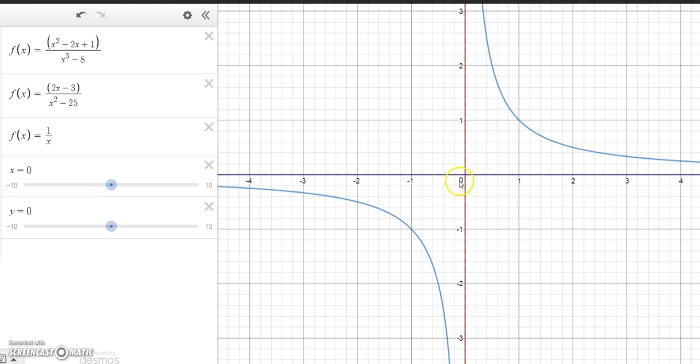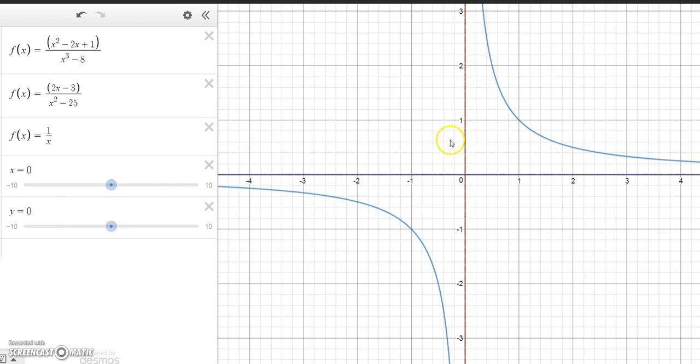And here's the graph of 1 over x. I tried to draw this, but the axis kind of obscures my line. If you look real close, you can see there's a red broken line that goes through the axis here, and that line is actually the line x equals 0.